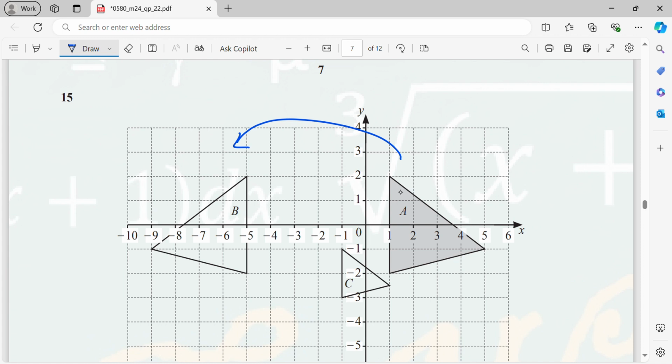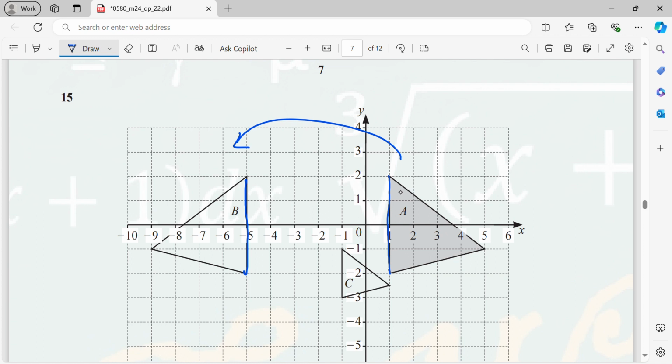Obviously there's no change in the size of the shape, so this is not enlargement, and it is not rotation, because they are still on the same position, but it is opposite, right? Because the vertical here becomes vertical here, right? So obviously this is the reflection.